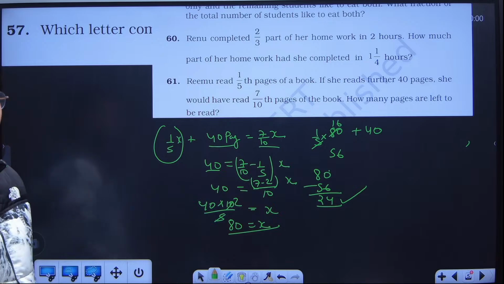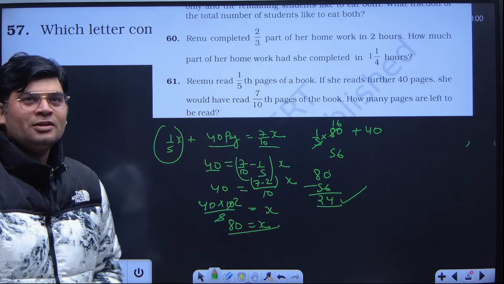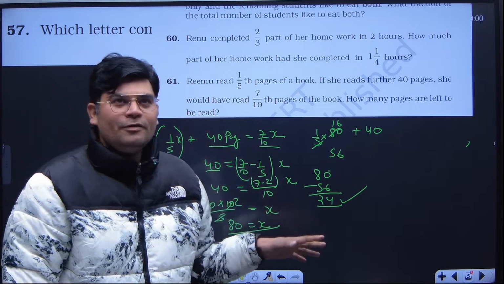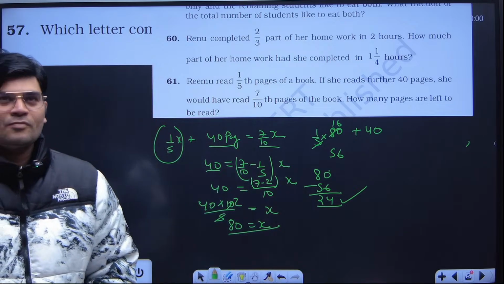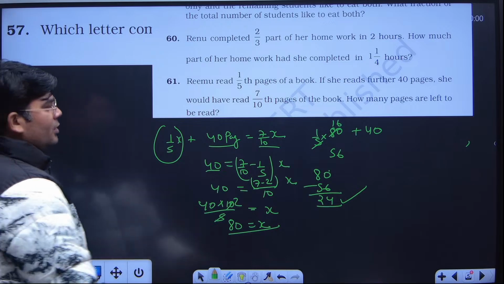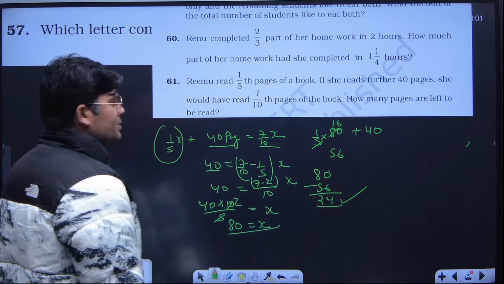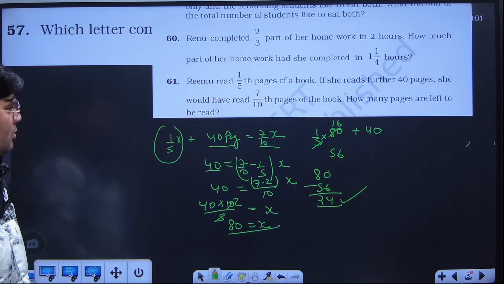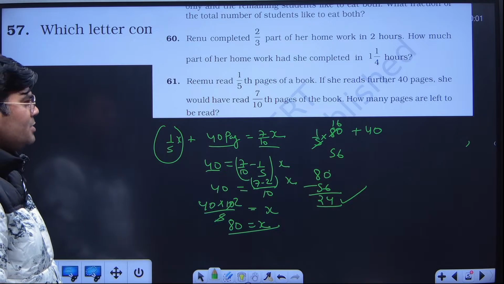Very good question. Really, very mind blowing question. What is being asked and what is being given are totally different. It would have been easier if something was asked like how many pages have been read till now. But they have asked how many pages are left.